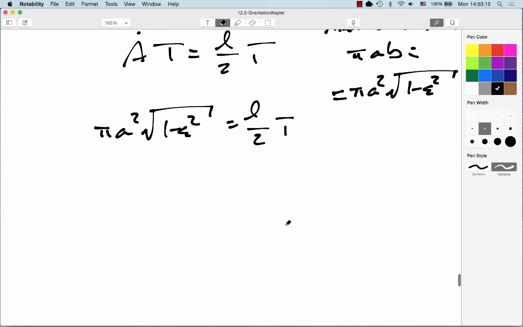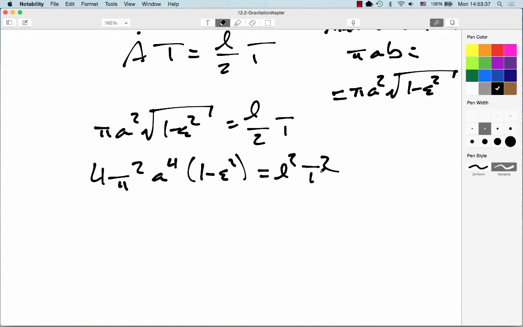All right, let's go ahead and multiply through by 2, and then we'll square both sides because I feel like it. That'll give me 4 pi squared a to the 4th, 1 minus epsilon squared, which will equal L squared T squared.